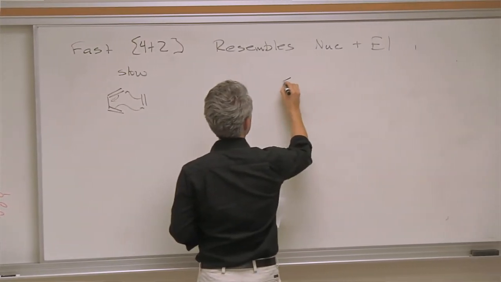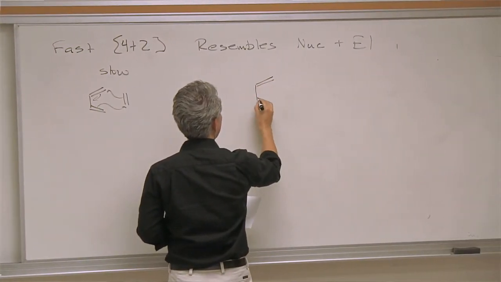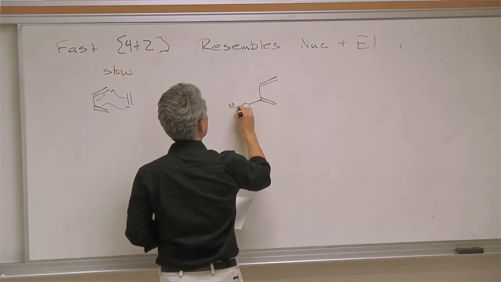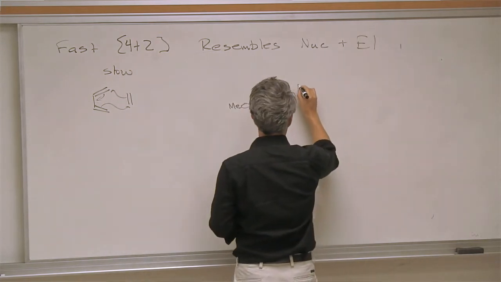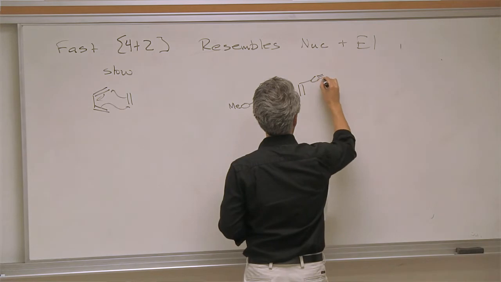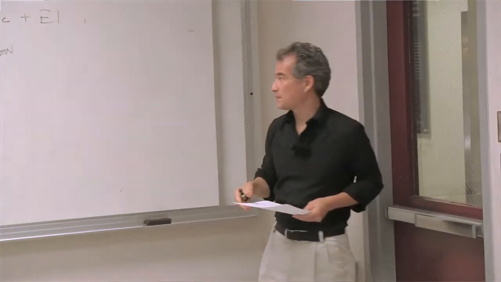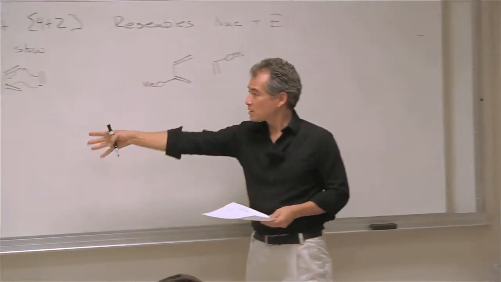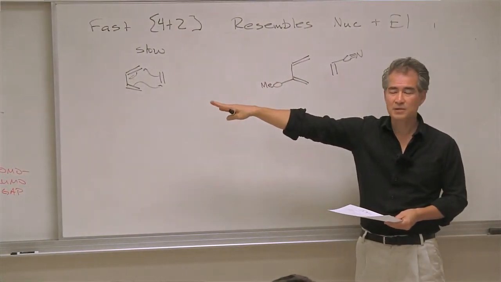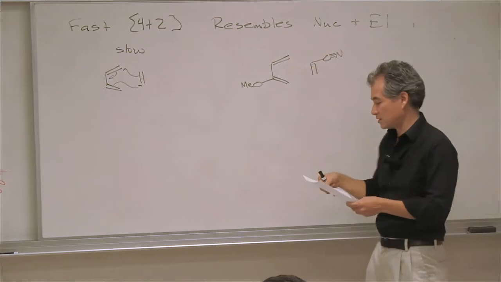Let's contrast that with a Diels-Alder reaction that I would expect to be fast. I would expect this to be a fast Diels-Alder reaction, and let's talk about why we expect that. Oftentimes you can rationalize all of this with respect to reaction speed just by drawing some resonance structures.